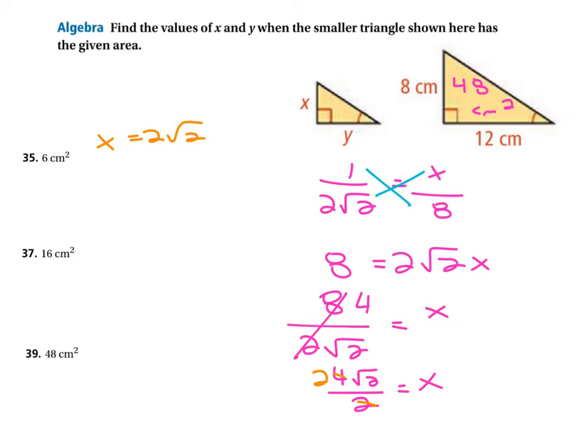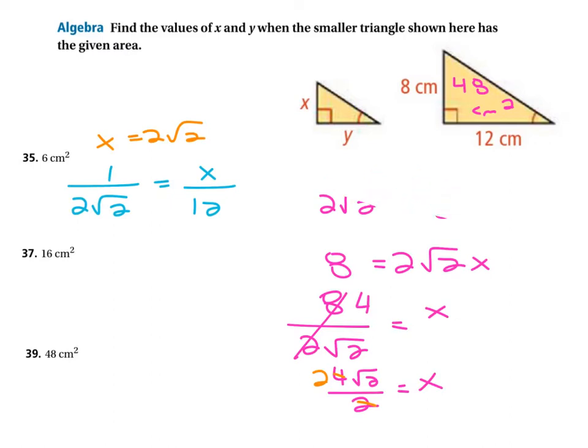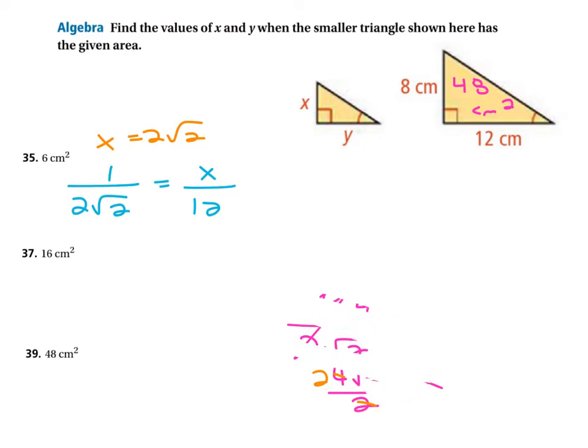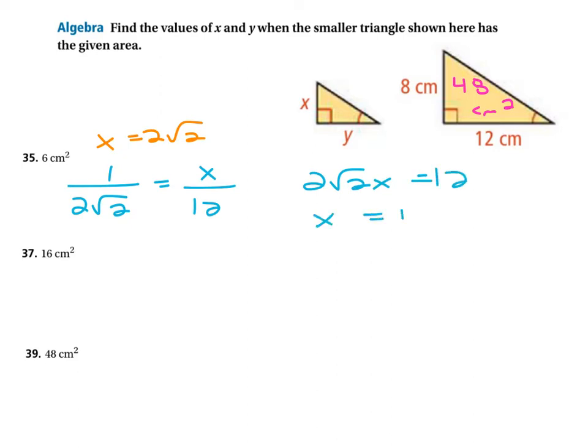Okay? Remember, we still have a length ratio of 1 to 2 root 2. And then if we had a length of 12 there, what would it be? We're going to multiply again. And what we essentially get on that one, let me erase all this again. Sorry, it's getting sloppy. Is 2 root 2x equals 12, which, dividing both sides by 2 root 2, we get 12 over 2 root 2.